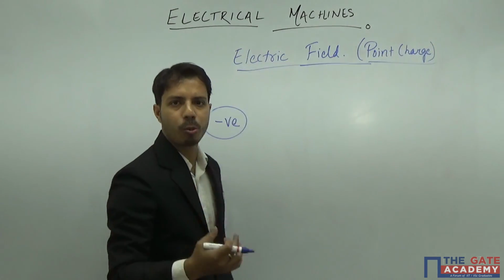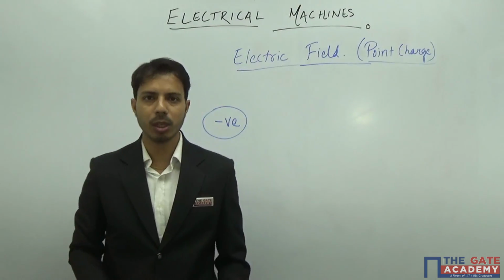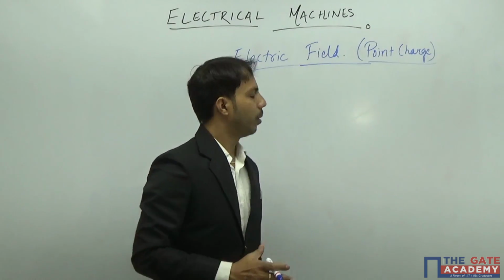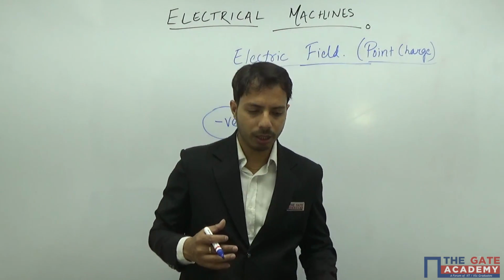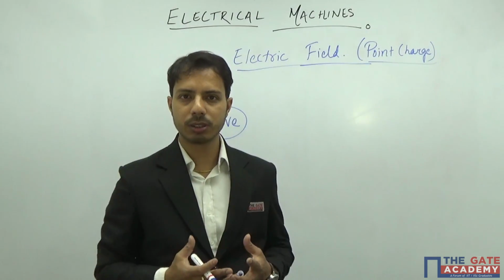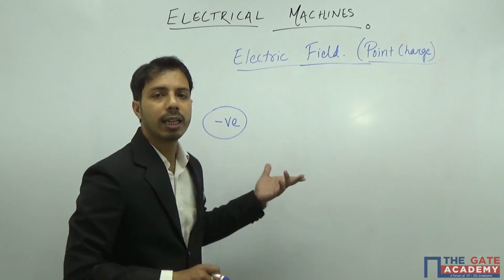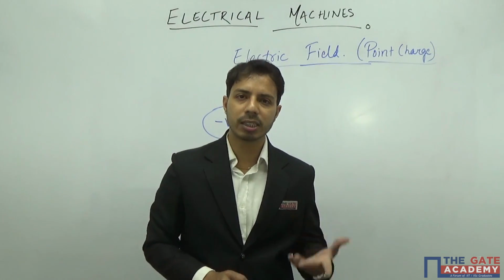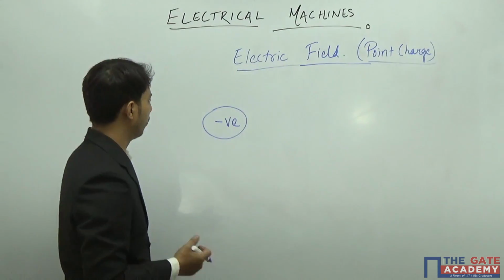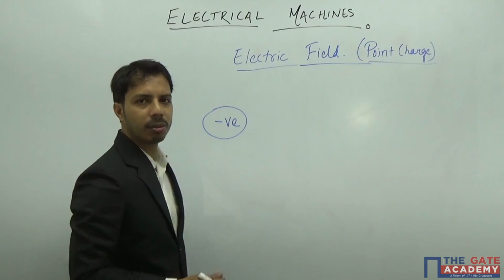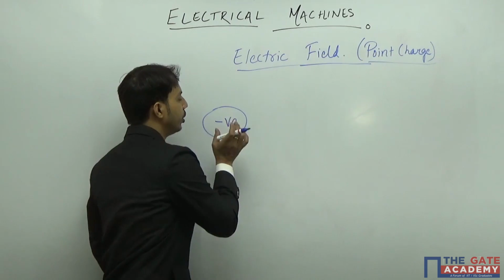What does that mean? A body is nothing but a group of atoms, and those atoms have excessive electrons in them. So whenever a body has excess electrons, it is said to be negatively charged.